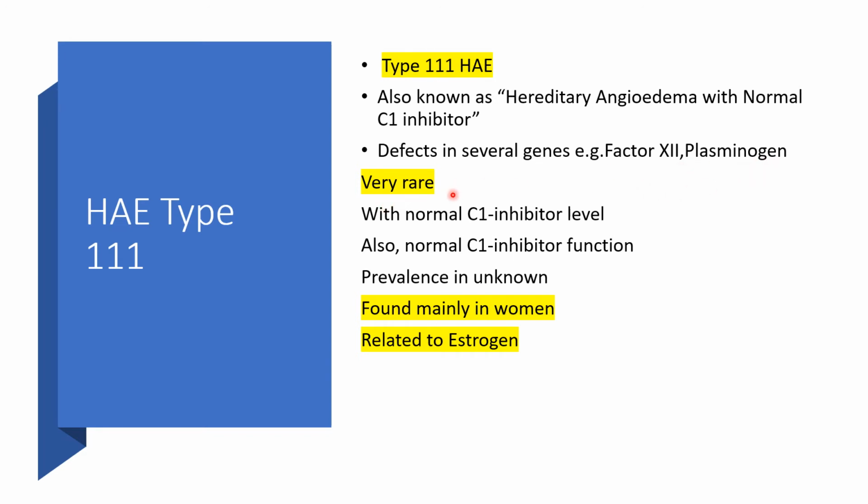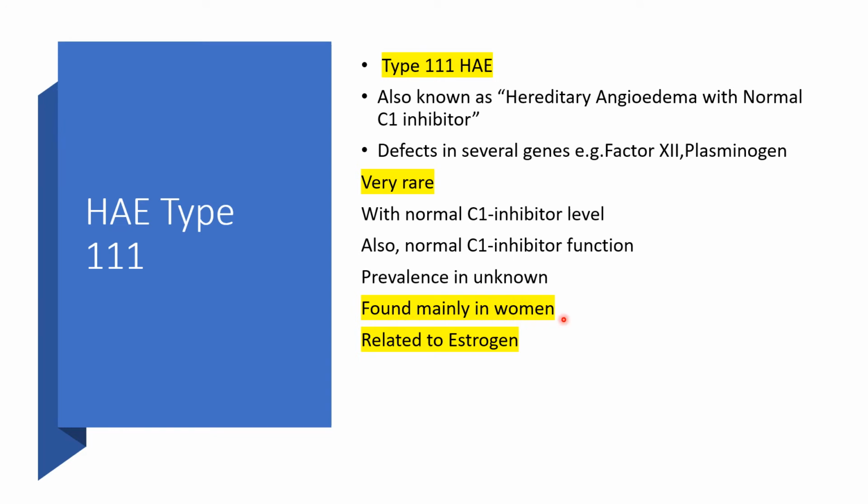It's very rare, good news, with normal C1 inhibitor level, also normal C1 inhibitor function. The prevalence is unknown because we've just gotten to know about this diagnosis. Don't worry, data will soon surface. In the next 10, 20 years, the story will change. Medicine is not static, it's dynamic.